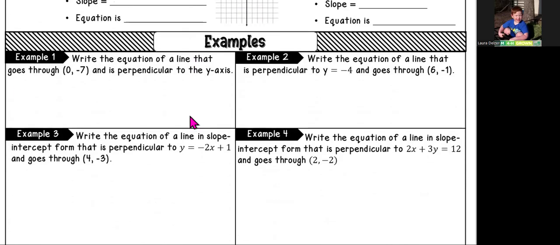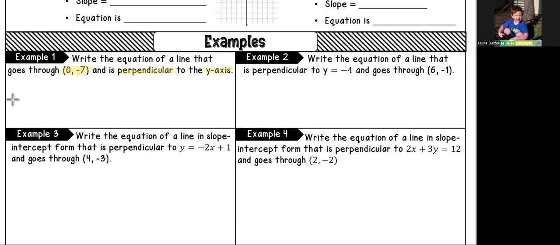All right. So when we read this, it says, write the equation of the line that goes through this and is perpendicular to the y-axis. To do this, I am going to draw my coordinate plane so that I can make sure that I have a picture in my head.